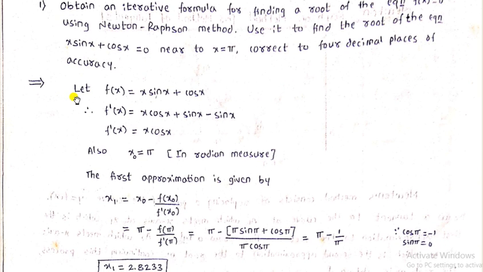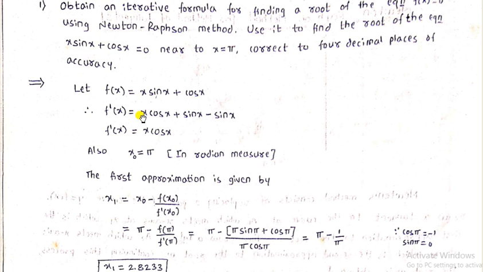Solution: let f of x is equal to x sin x plus cos x. So the given function is denoted as f of x. Now differentiate this f of x function with respect to x. The differentiation of f of x becomes f dash of x, and apply the derivative of u into v rule for x sin x here.